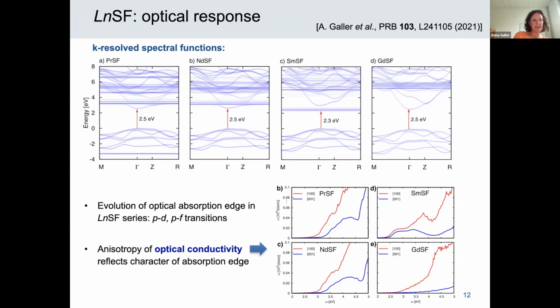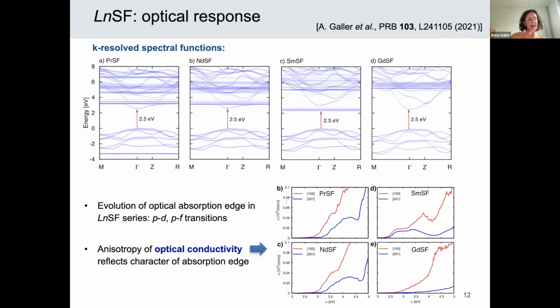And it turns out that this is the praseodymium 5d band, which, however, strongly hybridizes with the praseodymium 4f bands, which are these very flat bands in the unoccupied part of the spectrum here mainly.